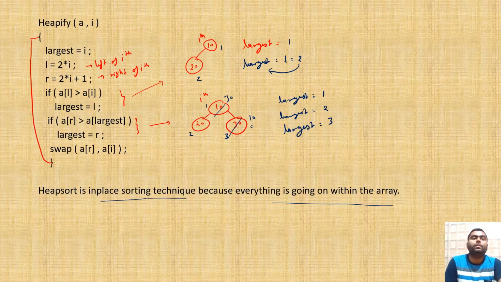So finally, we are at the end of this lecture, and the remaining part of the heap sort algorithm, some questions and some analysis of the algorithm, and a different method, that is the build heap method, which will take less time as compared to this particular creation of heap.